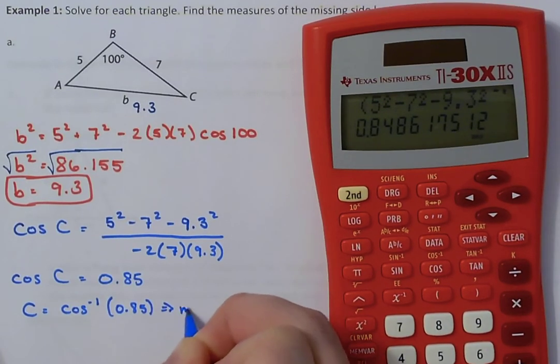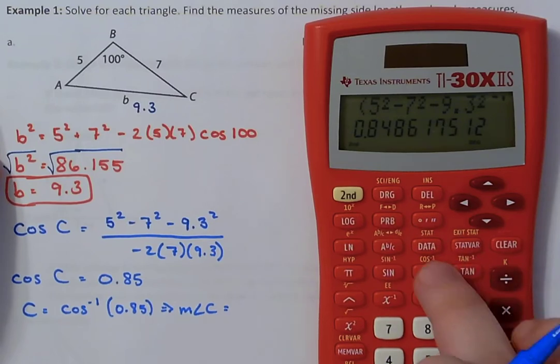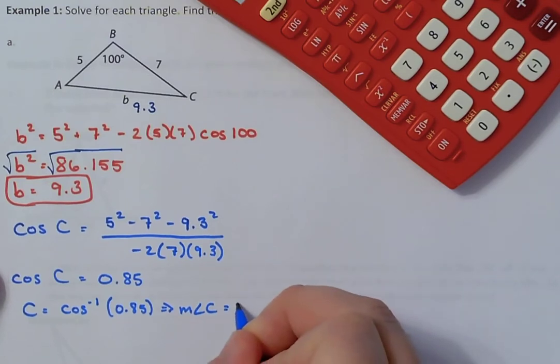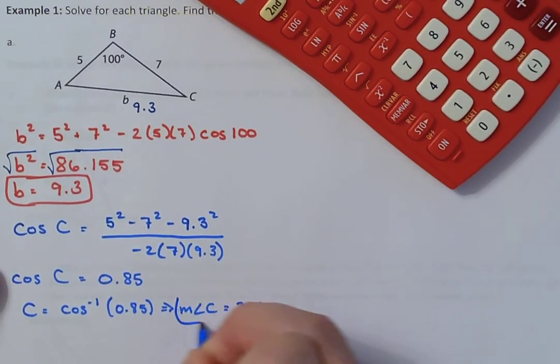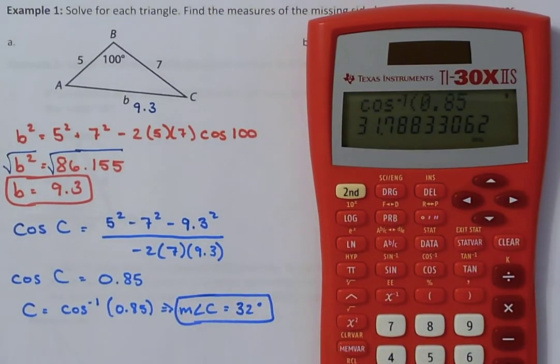And that is going to tell us the measure of angle C, which, if we do that in our calculator, second cosine, so cosine inverse, 0.85, and we figure out the measure of angle C, we get 31.78 if we're rounding to the nearest degree. 0.7 indicates that we need to round up, so that should be 32 degrees.